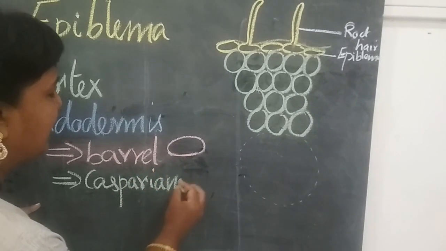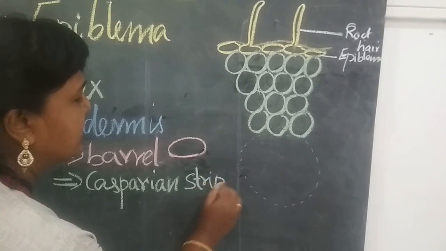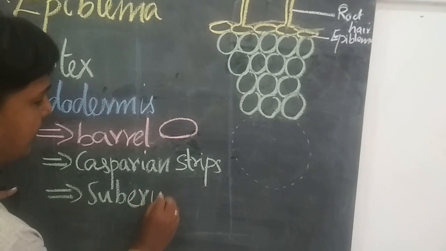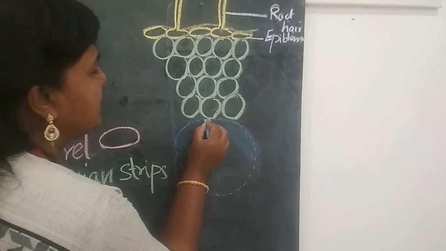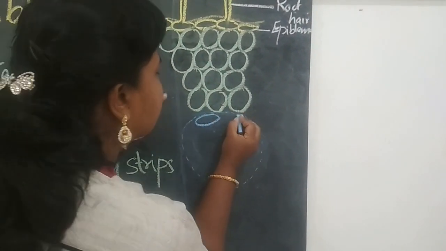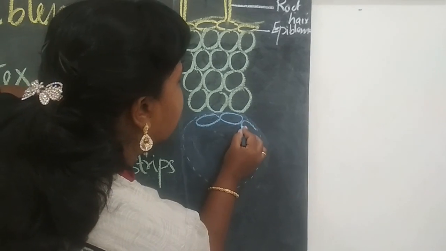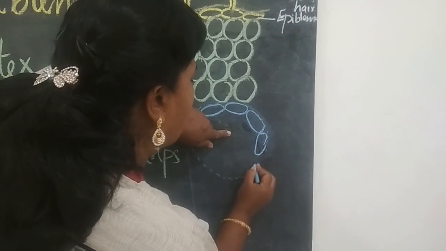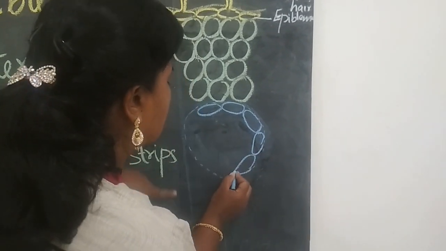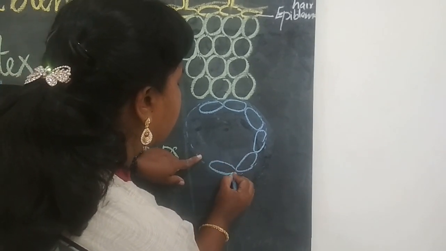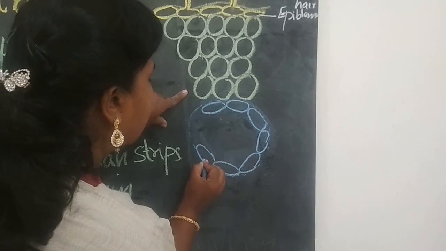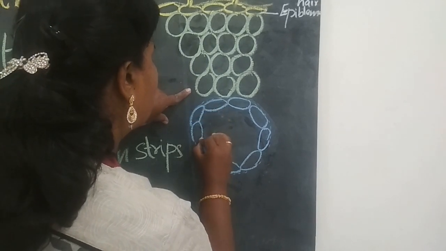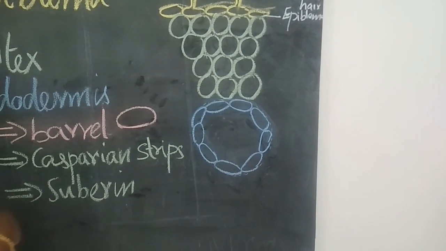It contains thick band-like thickenings called Casparian strips, which are made of suberin. See here, this is endodermis, formed of barrel-shaped cells. These Casparian strips are impermeable to water.